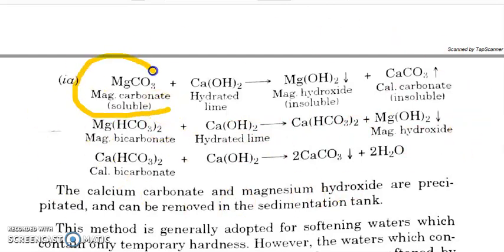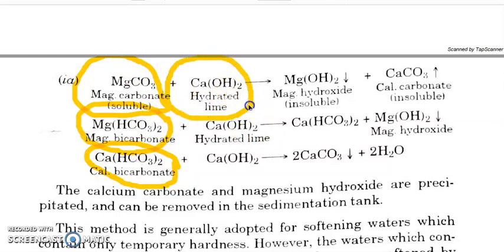Now magnesium carbonate, magnesium bicarbonate and calcium bicarbonate, all soluble in the water, are going to cause hardness, and you are adding hydrated lime, or calcium hydroxide. Magnesium carbonate and calcium hydroxide react together, and magnesium hydroxide and calcium carbonate are produced.